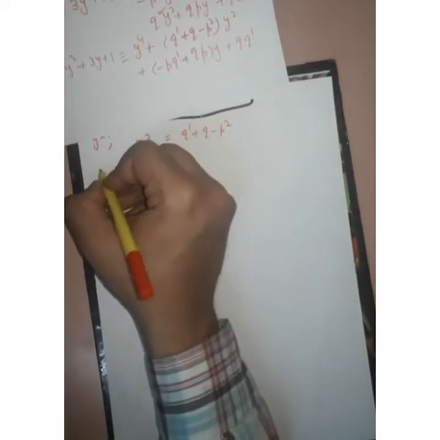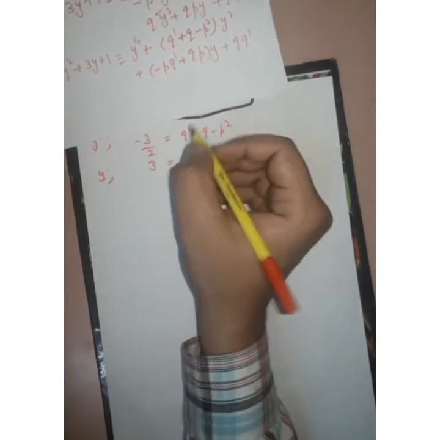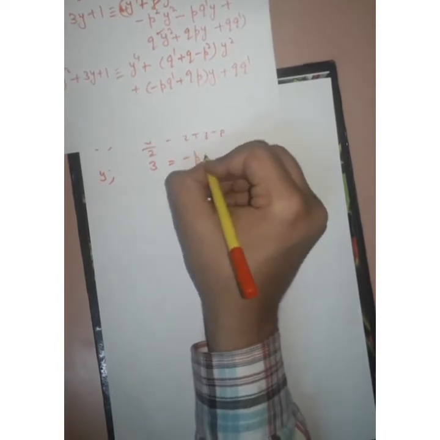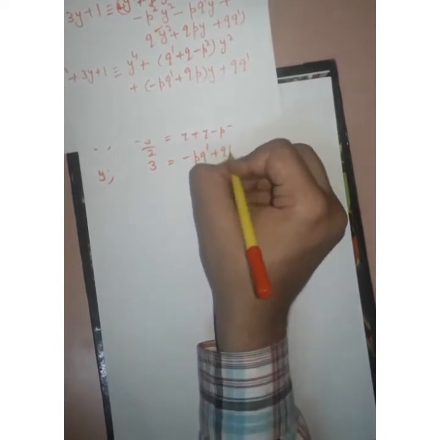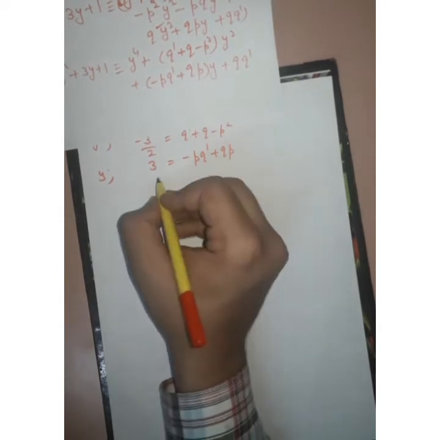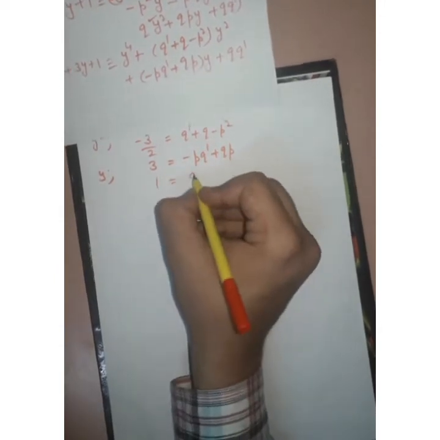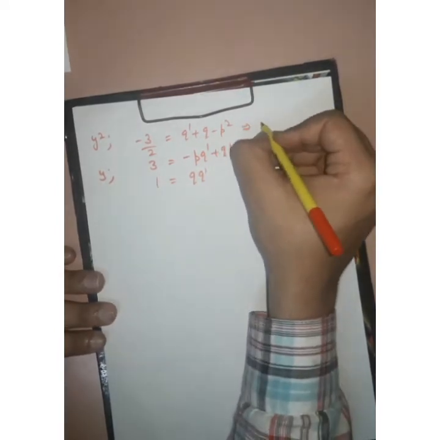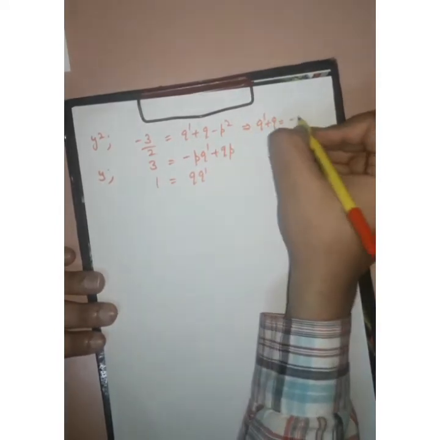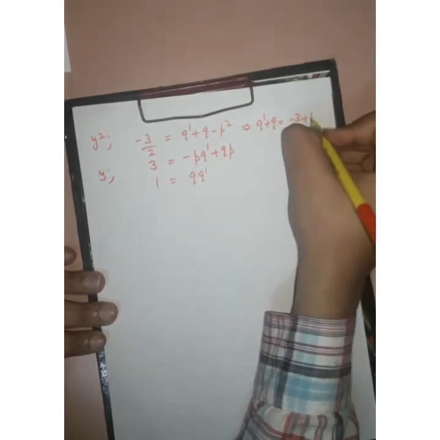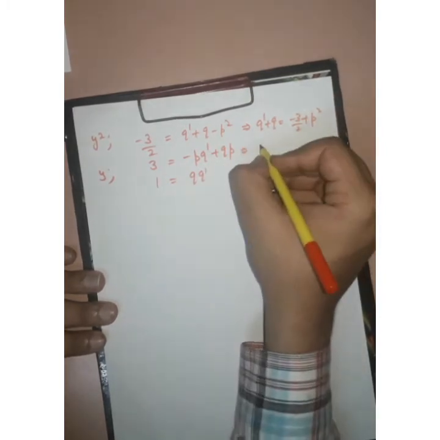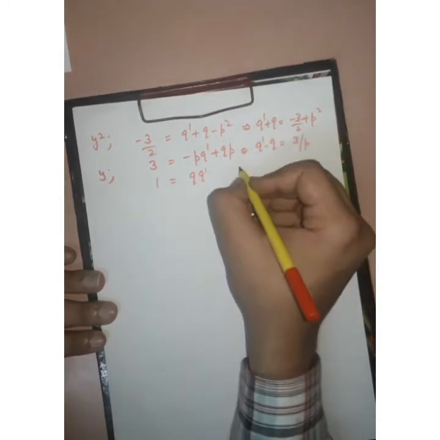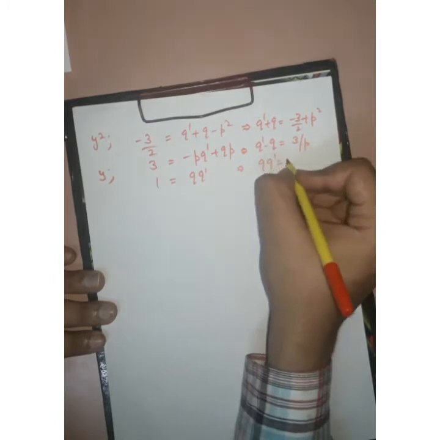The coefficient of y is 3 on one side and minus pq dash plus qp on the other. The constant term is 1 and on the other side q dash q. So this implies q dash plus q is equal to minus 3 by 2 plus p square, and q minus q dash is equal to 3 by p, and q q dash is equal to 1.